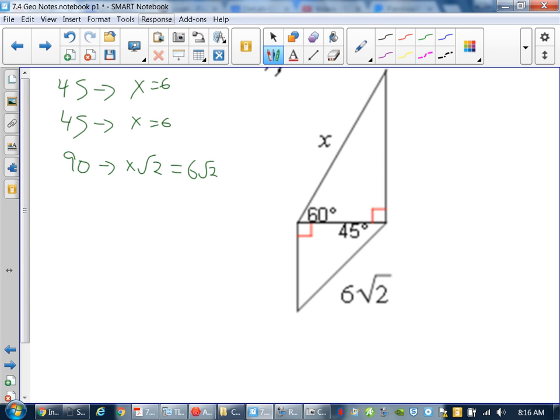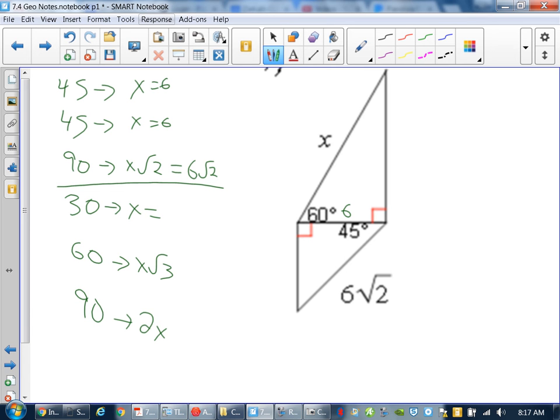So that means this moves up here to be a 6, which now means across from a 30 in the 30, 60, 90, I know across from the 30 is 6, and I need to figure out what it is across from the 90, so you get 12. It's just a matter of piecemealing it together. Across from what angles do you know, and how do you go through it?